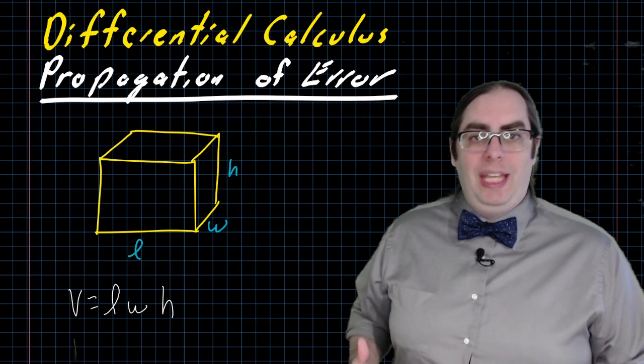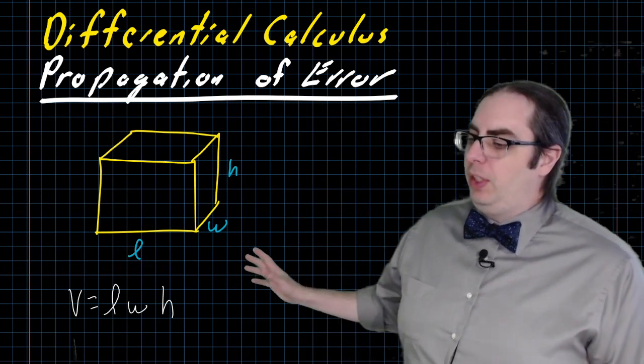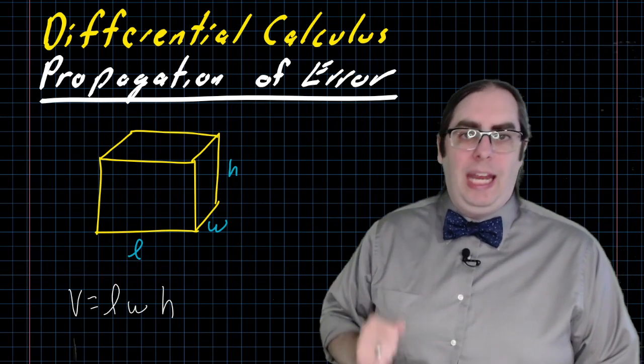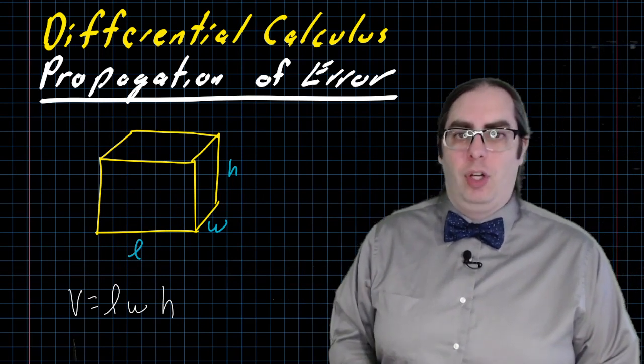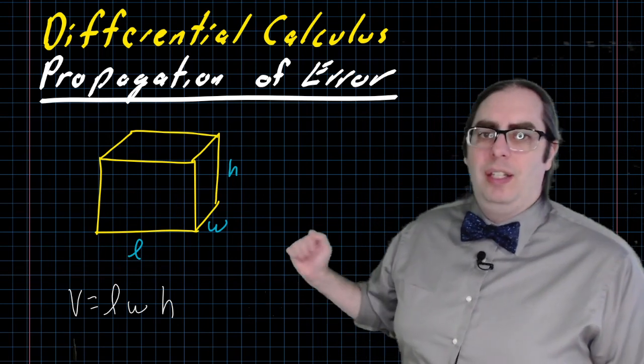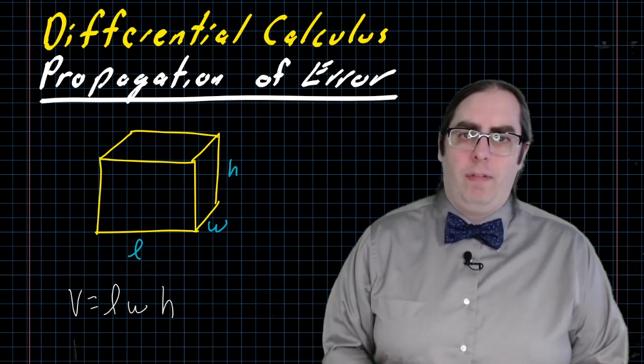The question we have is, if you calculate the length, the width, and the height, and you know the error that your measuring tool has on each of those calculations, how does that translate into the error on the volume?